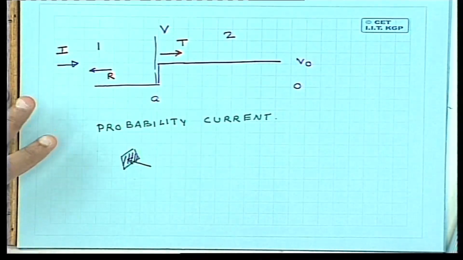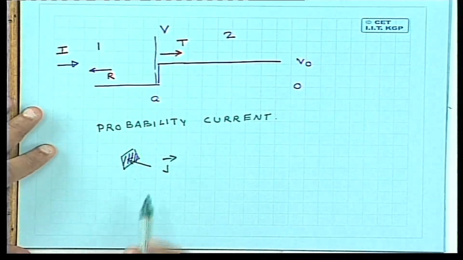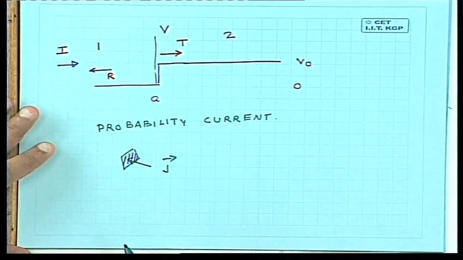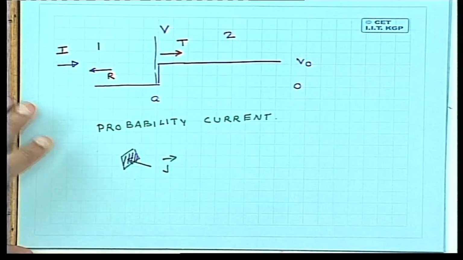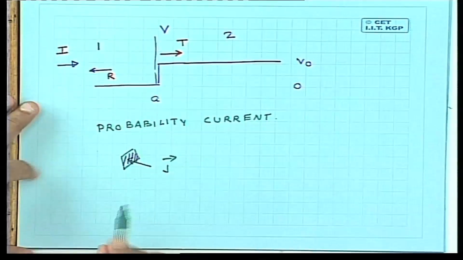Right, that was what the continuity equation told us. The probability current, if this is the probability current J, this into the surface area will tell me the rate at which the probability density is flowing across this. And the probability density represents the probability of finding the particle there.